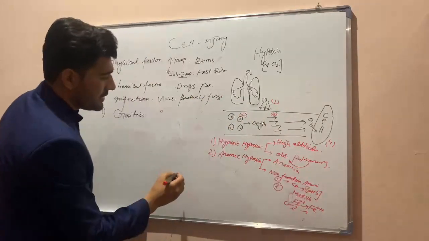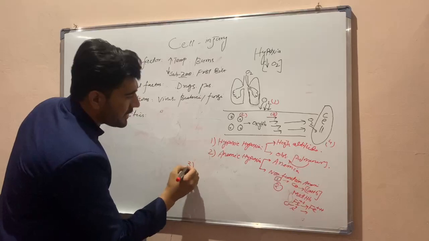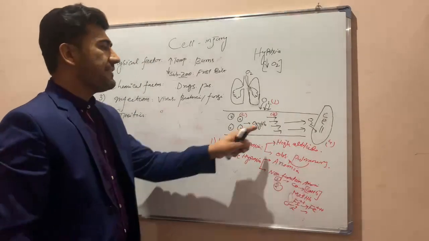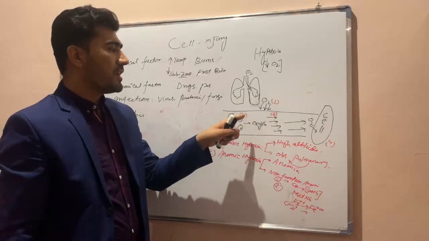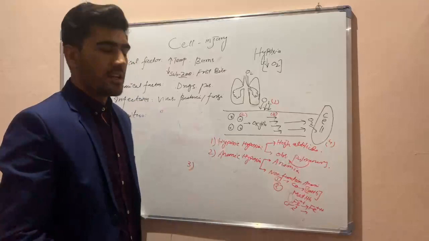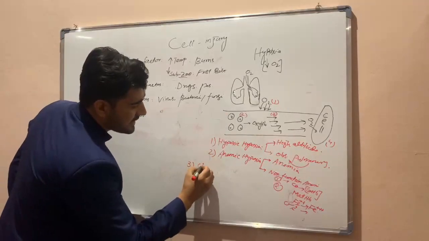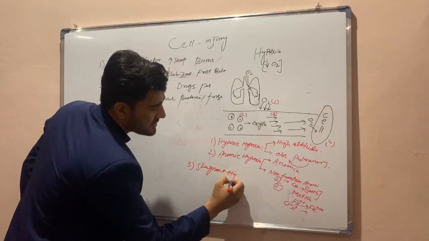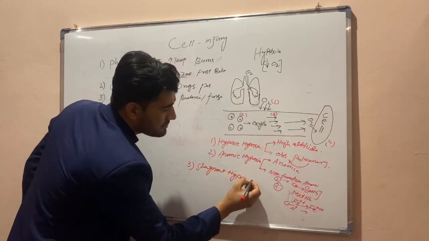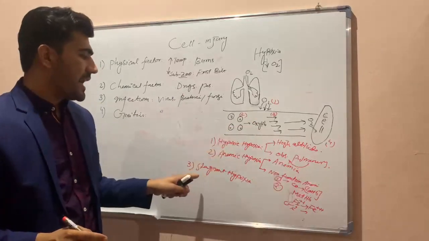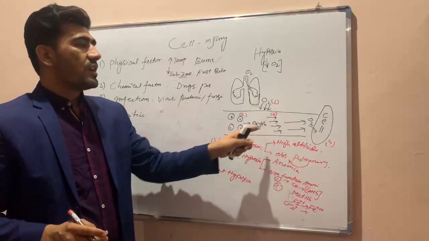And number three is called stagnant hypoxia, if there is not sufficient blood flow to carry the oxygen to the cell. It means a sluggish movement of the blood which is unable to carry the oxygen to the cells.